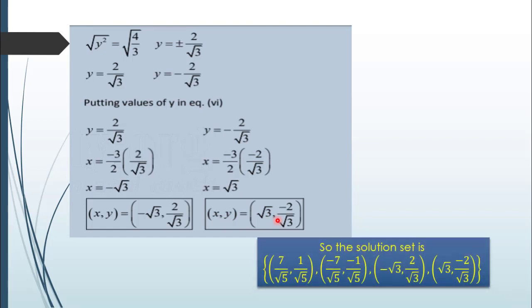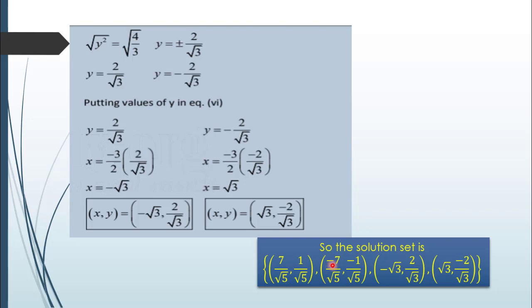So we get the solution set as follows. These two equations have four solutions. The first ordered pair is when x is equal to 7 over square root of 5, y is equal to 1 over square root of 5.